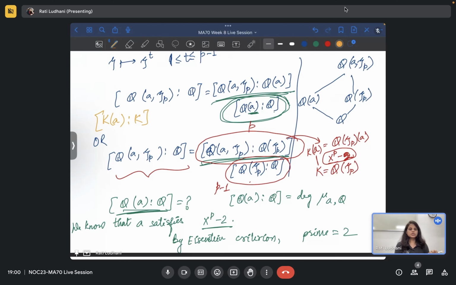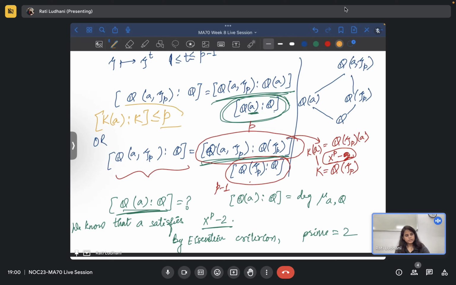Because the coefficients are just 2 and 1, which are definitely in K, because K contains Q. So the minimal polynomial must have degree less than or equal to p, because we have one polynomial at least which has degree p.